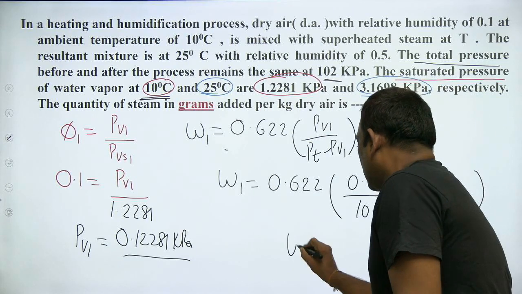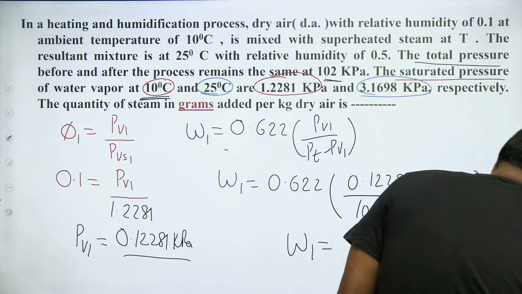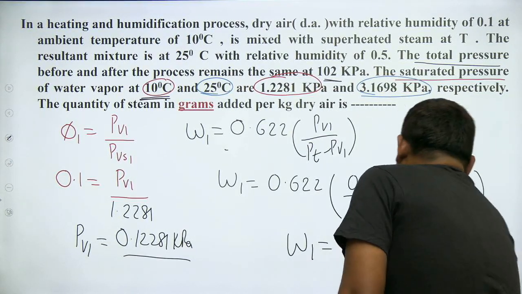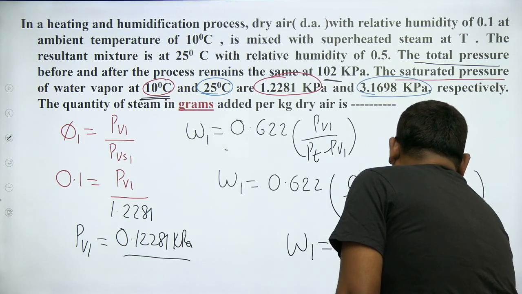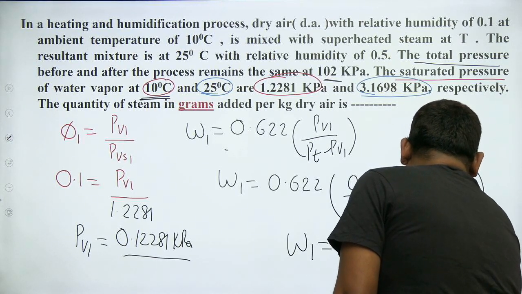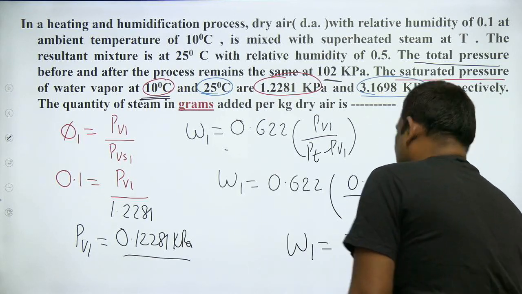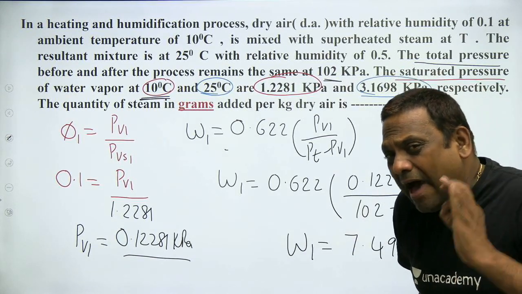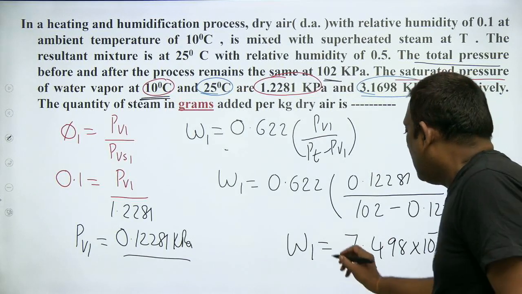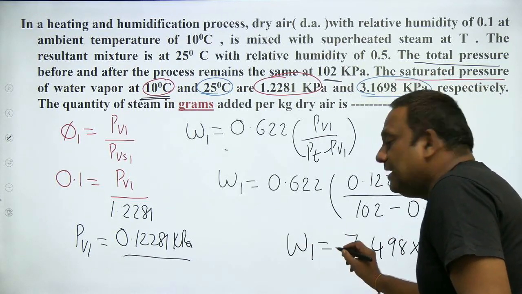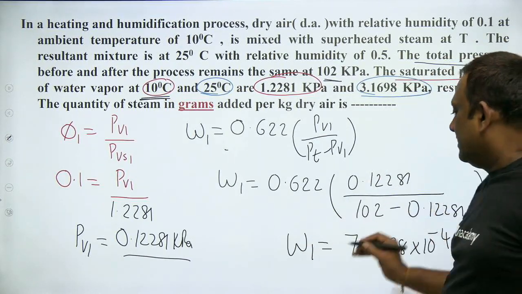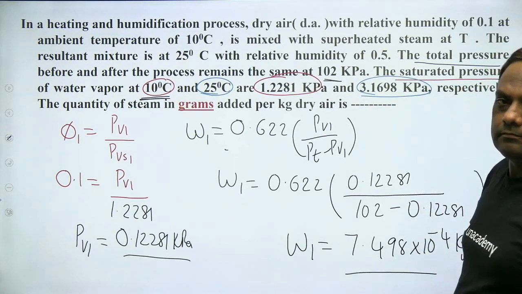So everything is known except omega 1, and from this I get omega 1 as 7.498 into 10 to the power minus 4 kg of vapor per kg of dry air. What does it mean? This is the mass of vapor in 1 kg of dry air. That is my omega 1.